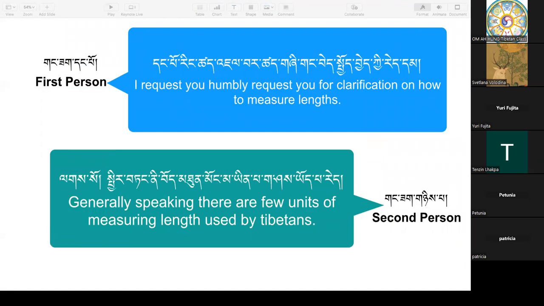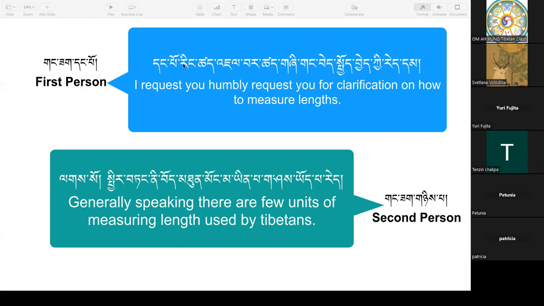Okay, so the first person says it. So we see that we have the particle which indicates a question.